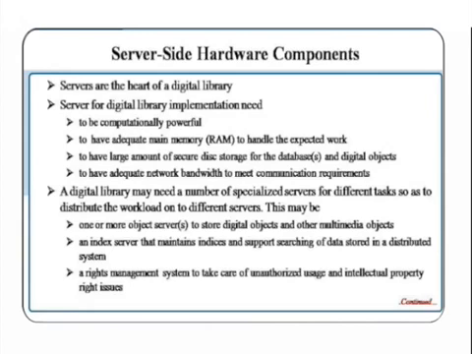However, for a smaller library, many distinct activities can be performed on a single server. It is equally important that the server should be scalable so that additional storage, processing power, or networking capabilities can be added whenever required.